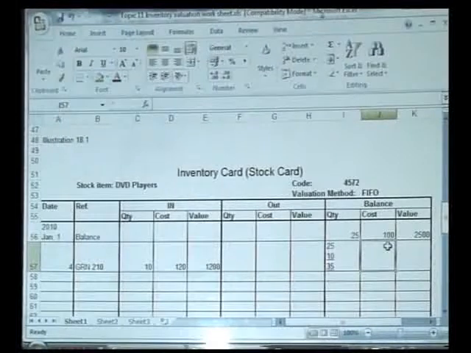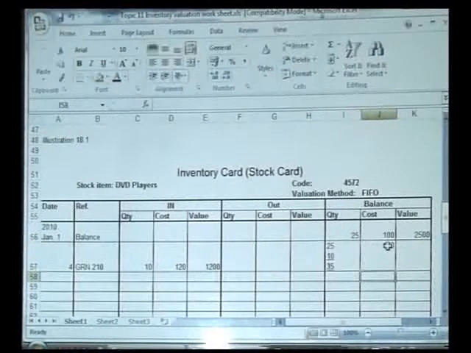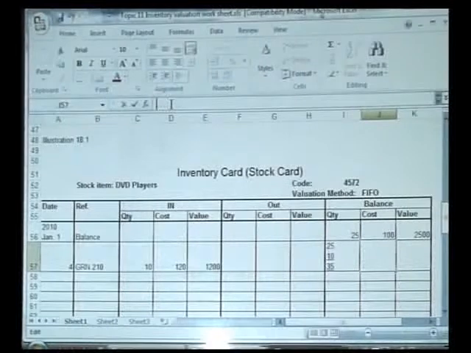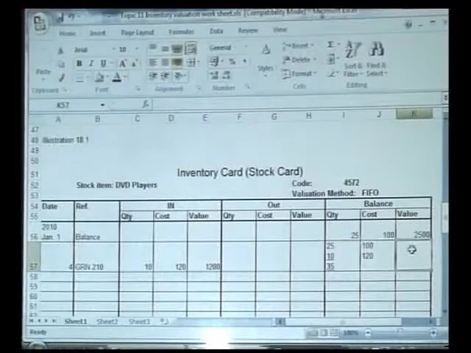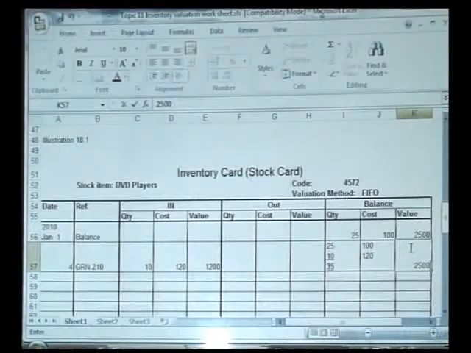25 units are valued at 100 kina, and ten valued at 120. Therefore, 2 different values. 2500 old stock and current stock 1200.